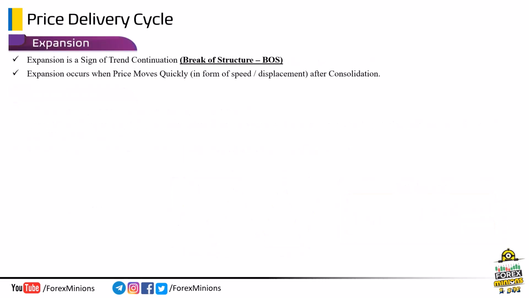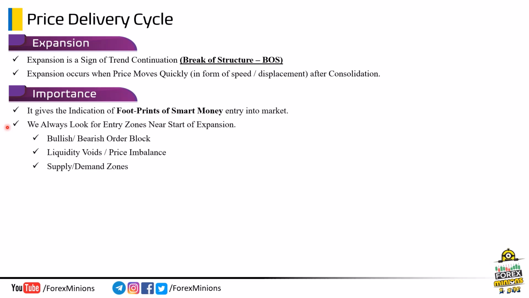Now, what is expansion? Expansion is a sign of trend continuation, and we know that break of structure also indicates trend continuation. Most important, expansion occurs when price moves quickly after consolidation. Now, what is its importance in the price cycle? Basically, expansion is an indication of smart money footprints.